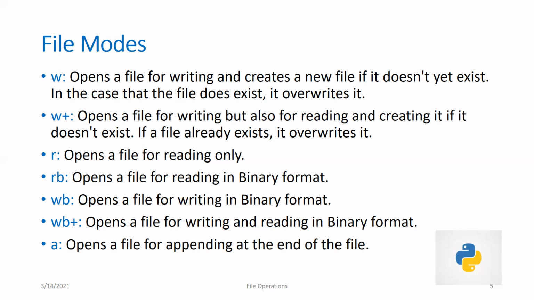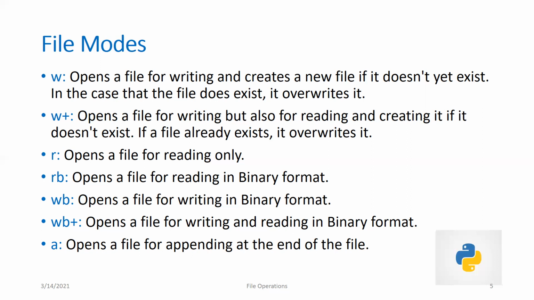If we try to open a file for creation purpose in read mode, it will not open and will give an error. So to create a file, we have to open the file in write mode. If the file already exists, then it will be overwritten, and if the file does not exist in that location, the file will be created.